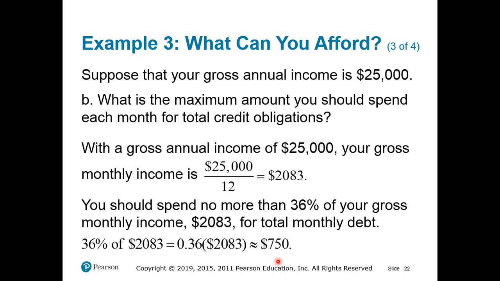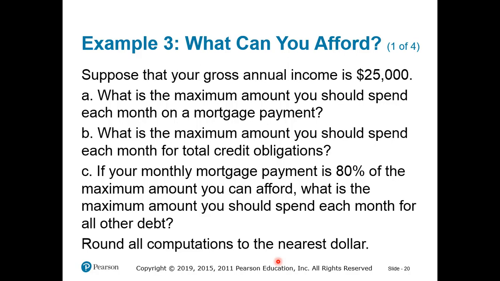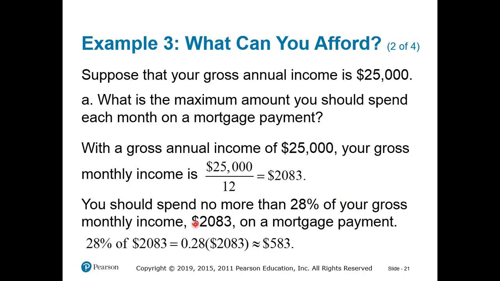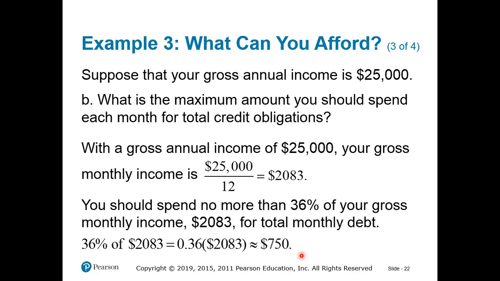Now the next one: let's say my mortgage is 80% of the maximum amount I can afford. The maximum was $583. Let's say I got a mortgage that turns out to be 80% of this. We first figure out what 80% of this is, then subtract that from the total amount of all our debt obligations, including the mortgage.